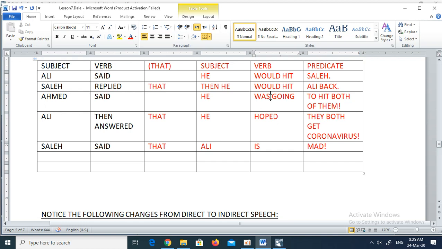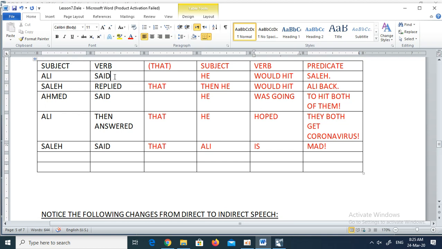When Ahmed told us what he was going to do, in the direct speech he said, "I am going to hit both of you." But because that verb in the main clause is in the past tense, we shift the verb in the subordinate clause so that it goes into the past tense also.